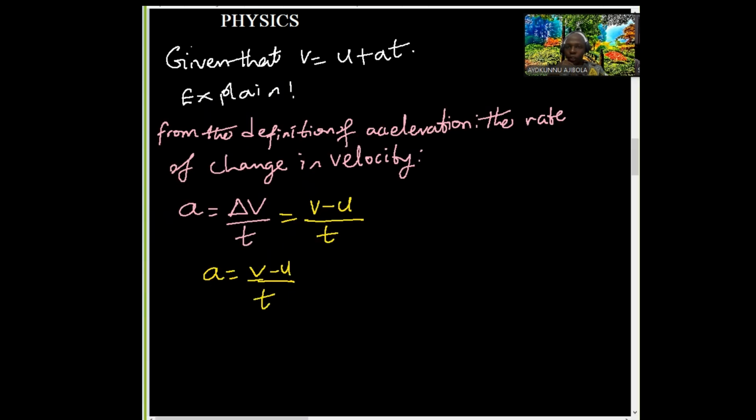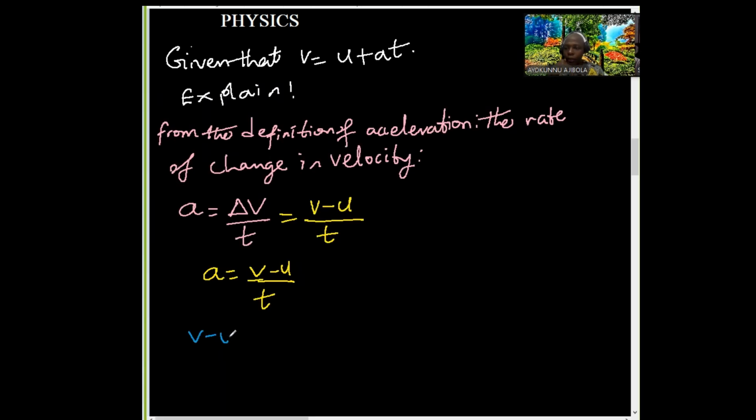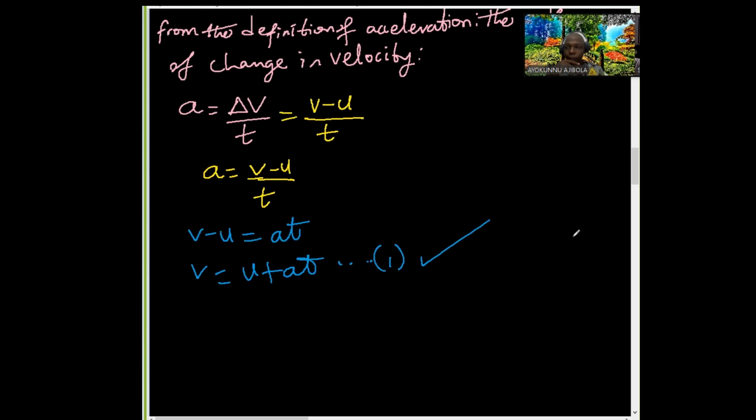When you cross multiply, you make v the subject of the formula. So v minus u equals at. Then v equals u plus at, equation 1. Is that clear? Yes, sir. You're going to get the note later.